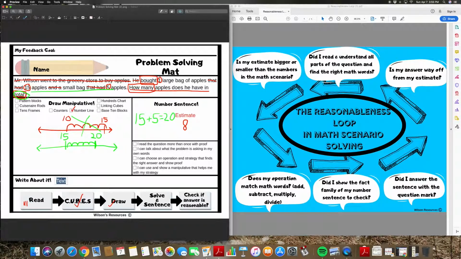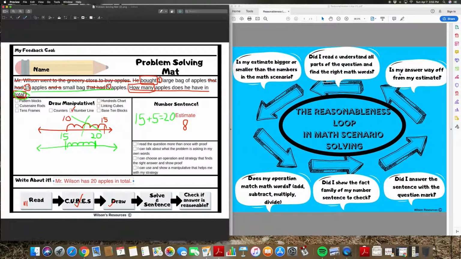So we're going to write, Mr. Wilson has 20 apples in total. And let's just get that right there. Boom. There we go. So now we've answered that question. We've actually answered the right question.